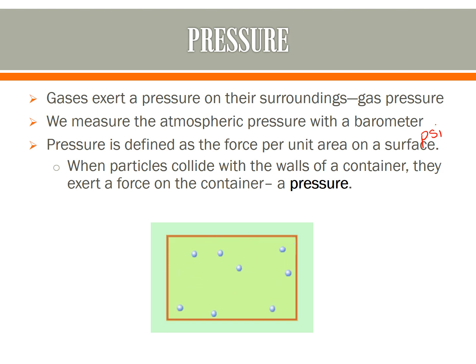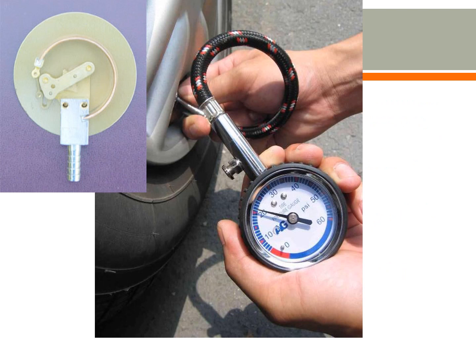But for gases, when the particles collide with the walls of a container, they exert a force on that container. So they're making a pressure. The more collisions you make is going to mean you're going to have a higher pressure. These are just some examples of barometers, tire pressure gauge.